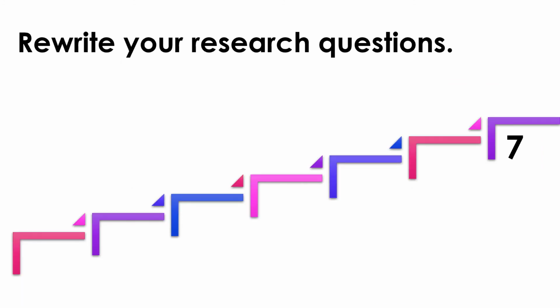Step number 7. Rewrite your research questions that include the constructs and the predicted relationships among the constructs. The last step is to rewrite your research questions. Go through steps 1 to 6. You should be able to narrow down the theories and constructs you'd like to study in your empirical research. You should also have a better understanding of the relationships predicted by the theories.